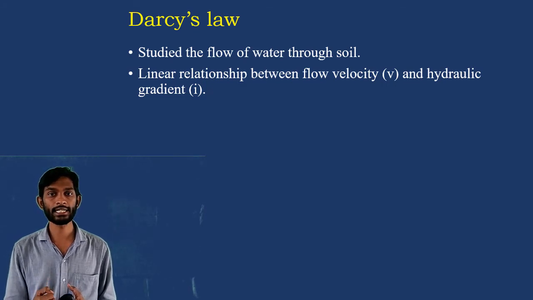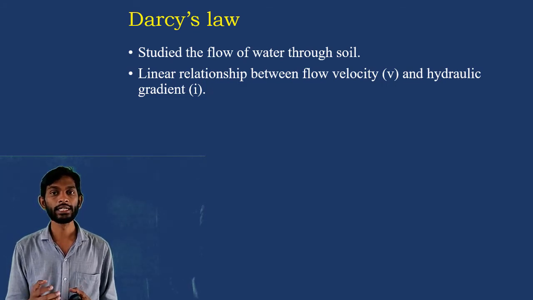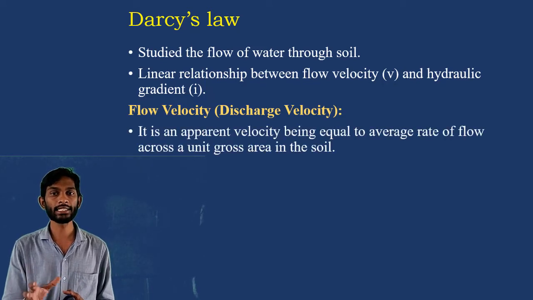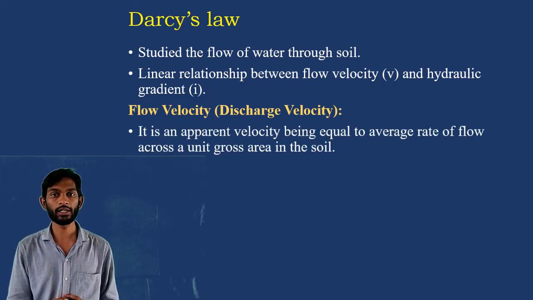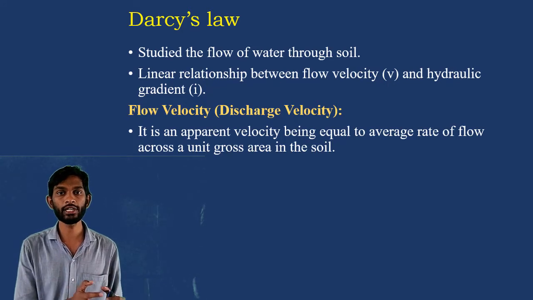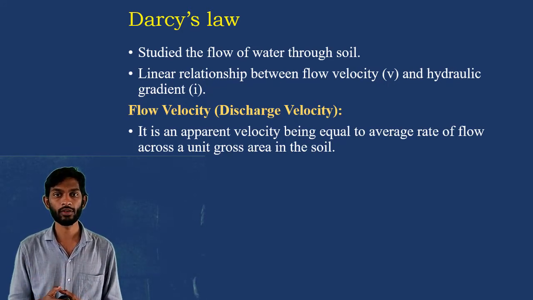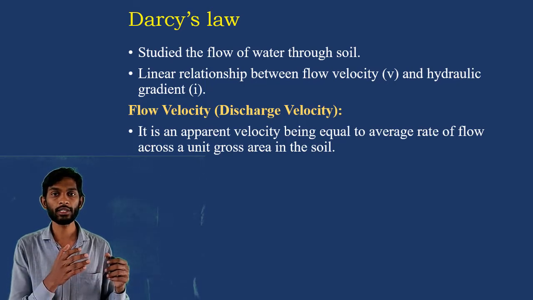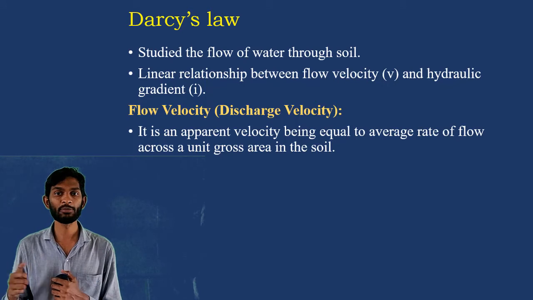Now what is this discharge velocity or flow velocity? It is the amount of velocity that is required to discharge a certain amount of water from the starting end to the end point, that is, for the water to flow from the first point to the last point.